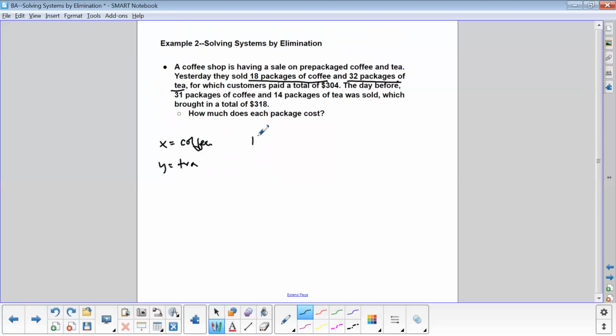So my first equation would be 18x plus 32y equals a total of 304. And then my second equation will be 31x plus 14y is equal to the other total, which would be 318.